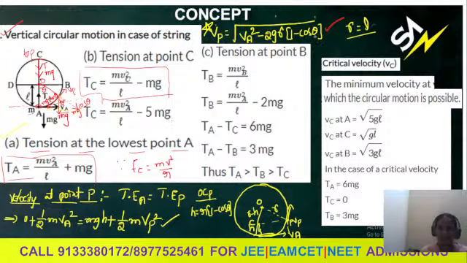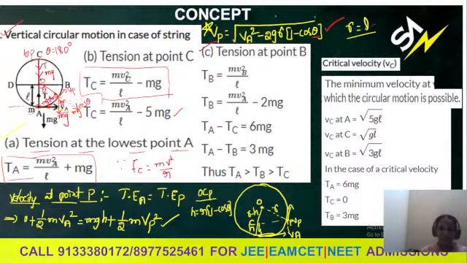Because at the topmost point, theta is 180 from the reference line to the top. When you substitute theta as 180 here, we get VA square minus 4GR. If you substitute that value here, we get mVA square by L minus 5mg, by simplifying.